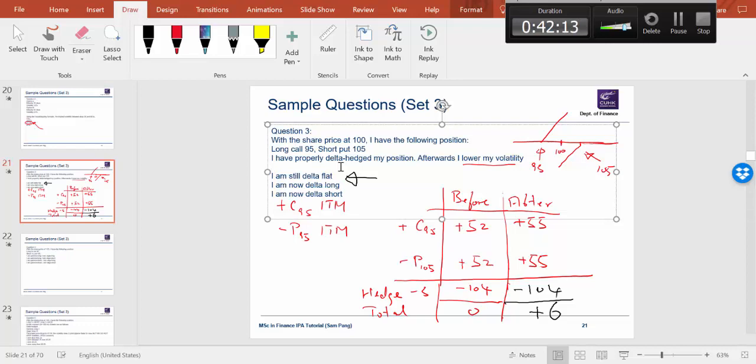I love these questions. I really do. For two reasons. One, I don't need to remember anything. And for me to figure it out from first principle, I find that a lot of fun.